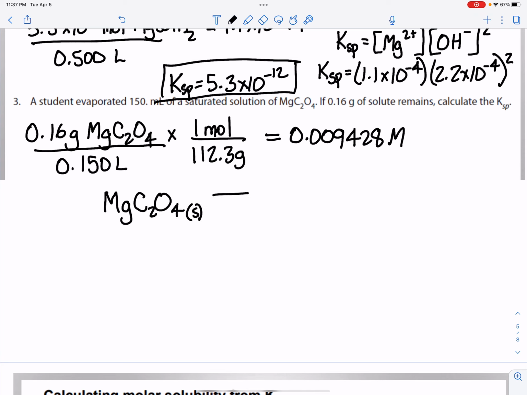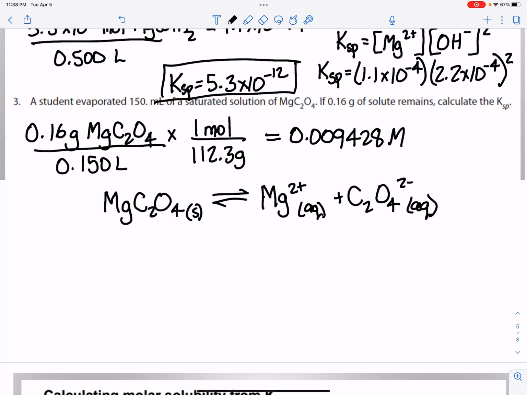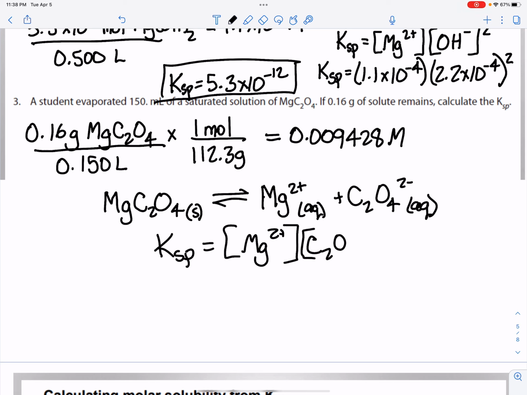Now I'm going to look at my net ionic equation, get my magnesium oxalate. We don't see oxalates all that often so far in class, so you can find oxalate on your ion chart if you want to take a look at it. It has a -2 charge. So this time we've got a nice 1:1 ratio. KSP is equal to the concentration of magnesium ions multiplied by the concentration of the oxalate ions.